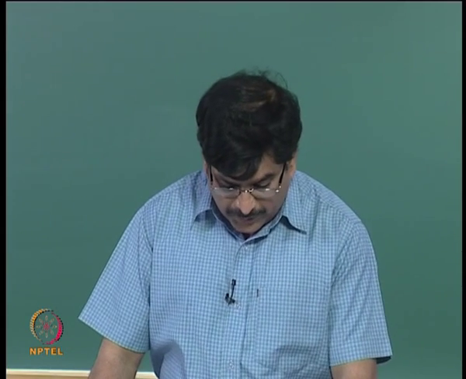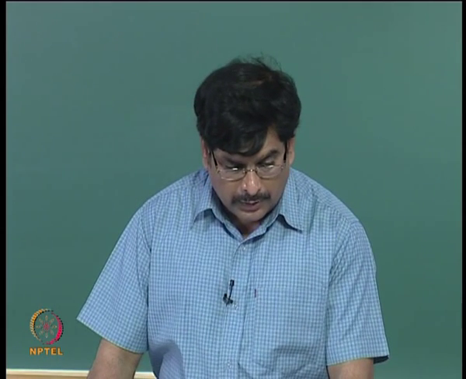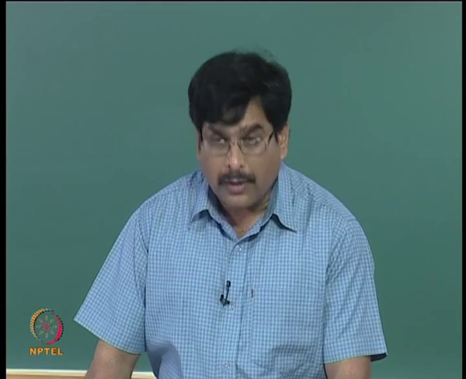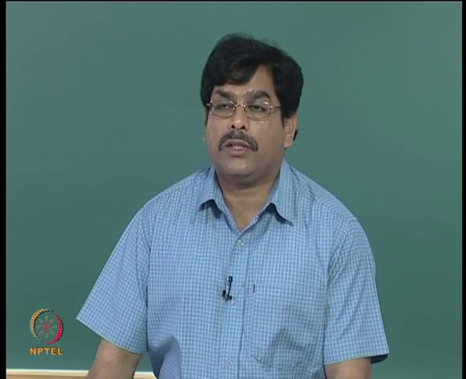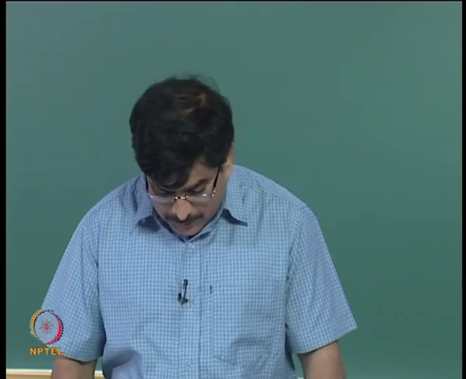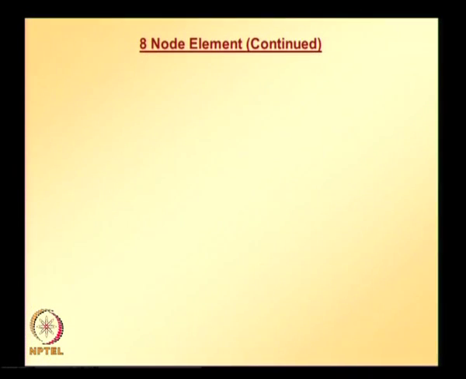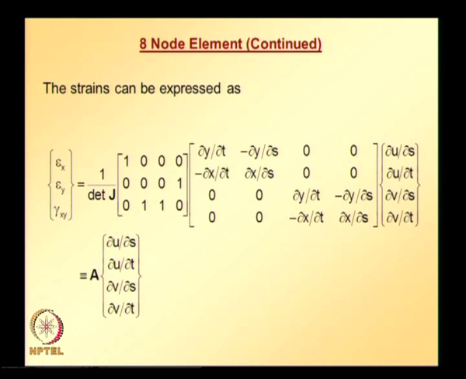Once we have these two relations, we can write the Jacobian matrix, the determinant of the Jacobian, and also the shape function derivatives in x and y. All this is again the same as for the 4 node quadrilateral element, except the dimension of the matrices gets increased because we have 8 nodes.